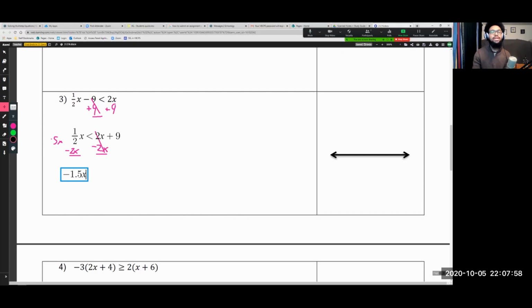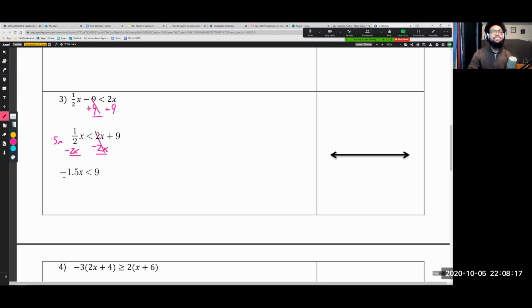is less than, since that 2x is gone, we would just have this 9, it's less than 9. And the only reason that I feel like it's okay to use decimals instead of fractions, because usually I prefer fractions, is that we're graphing these on a number line.